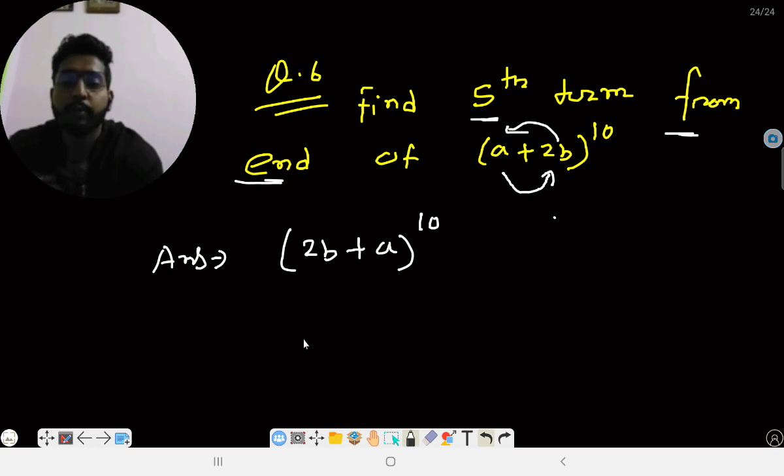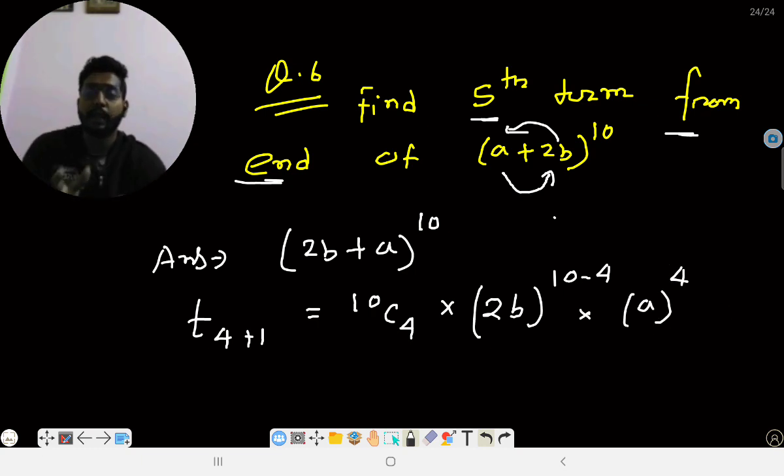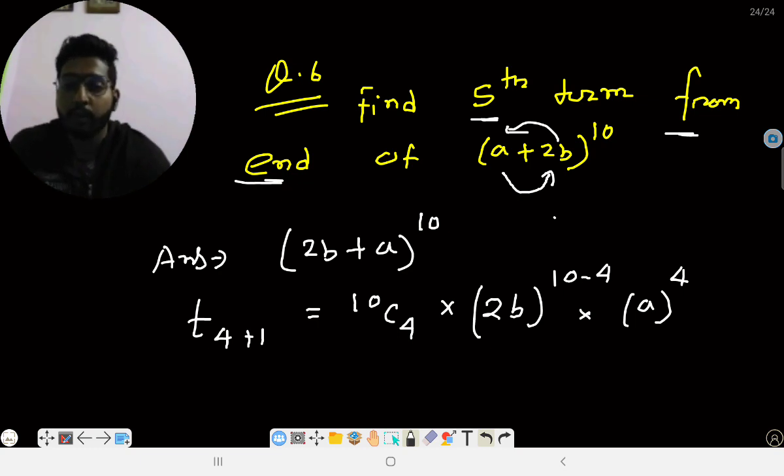We have to find the fifth term, that means we have to write T4 plus 1. Same thing: 10C4, where the first term is 2b, whole to the power n minus r, into a to the power r. Whenever it is from the end, we just reverse it and get the answer.